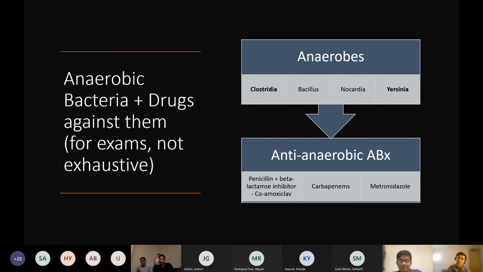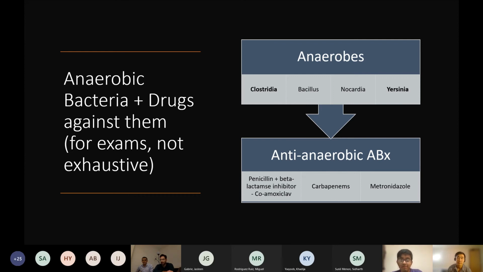Does anyone remember? Yeah, Vanc has some anaerobic cover. It doesn't work against all anaerobes, but specific anaerobes. It works well against Clostridia. Aminoglycosides less so. That's more gram-negative than anaerobes. So the other one was a penicillin with a beta-lactamase inhibitor.